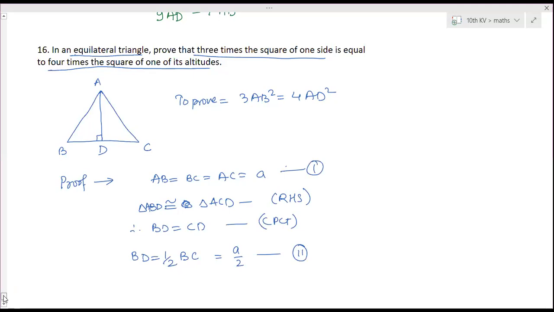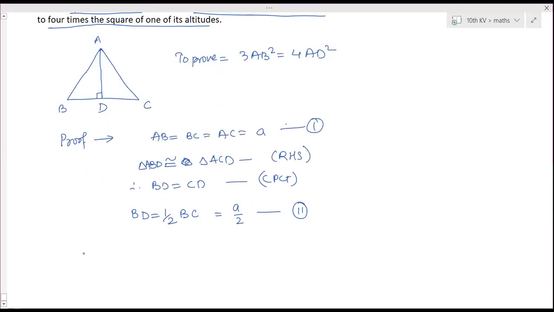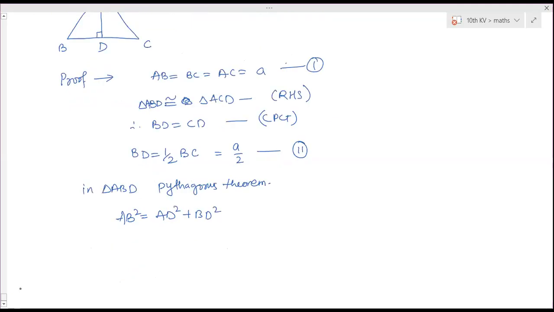Then use triangle ABD, Pythagoras theorem. In triangle ABD, applying Pythagoras theorem, AB square is equal to AD square plus BD square.